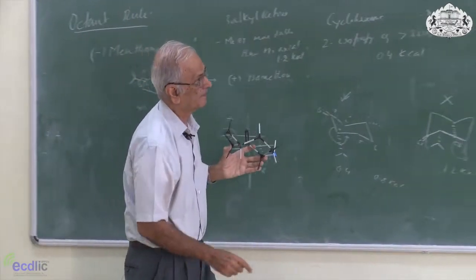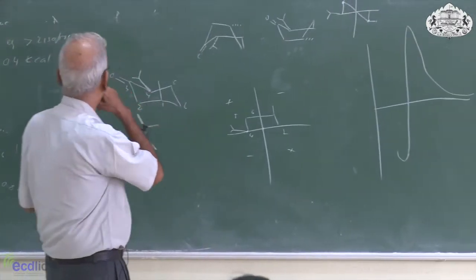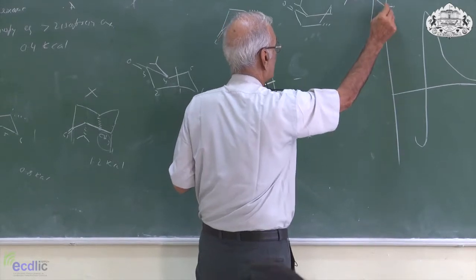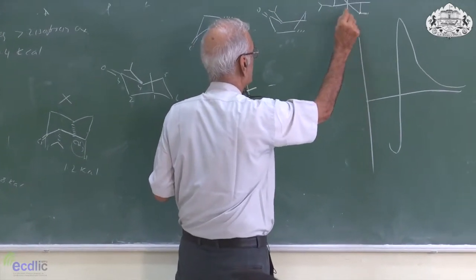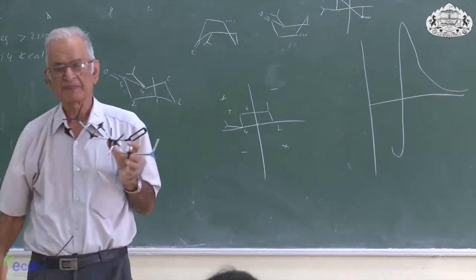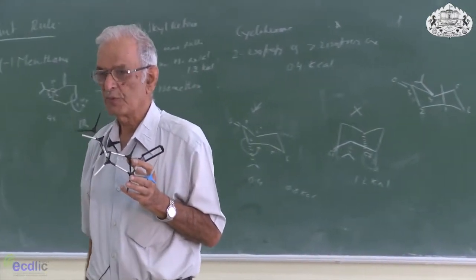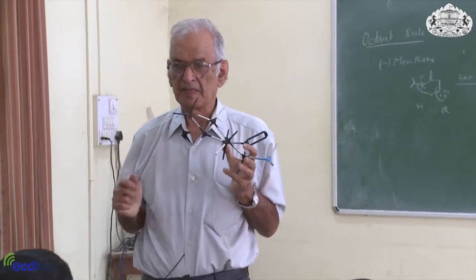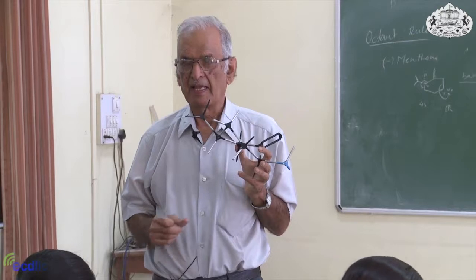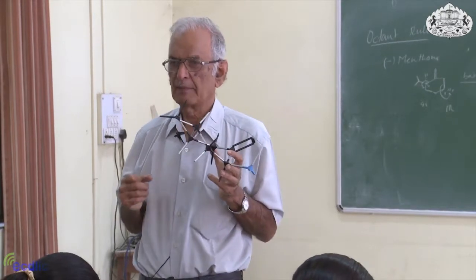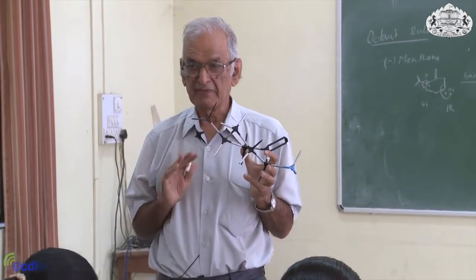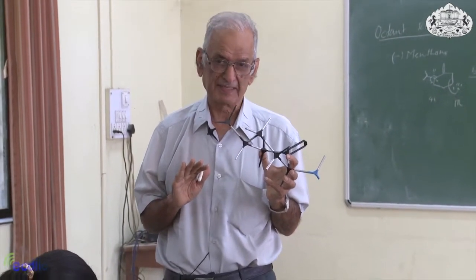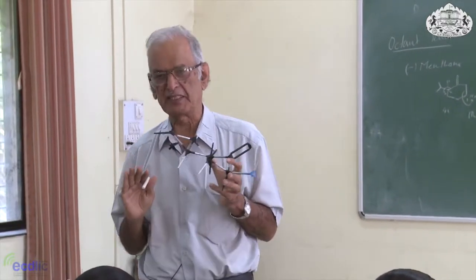But now, this carbon is positive, this carbon is positive, the methyl is positive. Therefore, there could be some contribution by this. What is the point I am trying to make? Even in this boat conformation, the expected result is a strong positive Cotton effect.